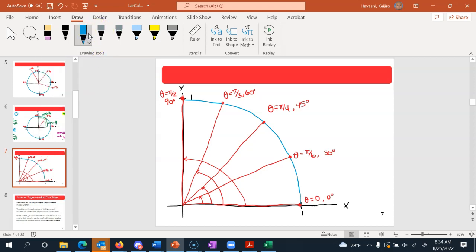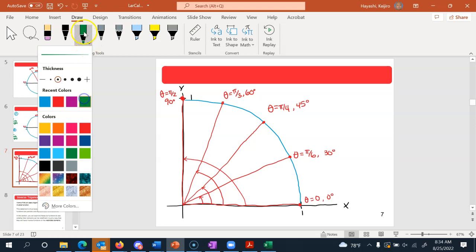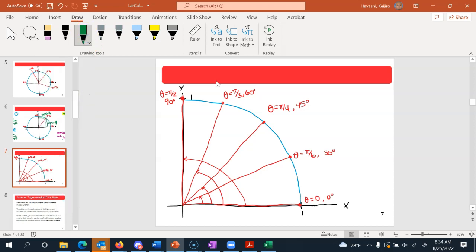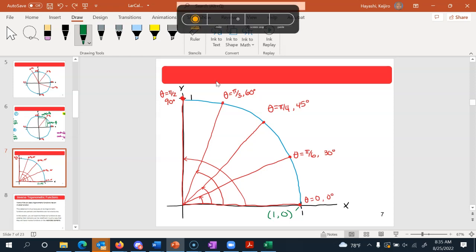Now the sines and the cosines associated with each of these points are just the x and the y's of these points that are on the unit circle. I'll do that in green. Well, clearly this is the point 1, 0. You can see that it's 1 on the x-axis and that it's got 0 for its y value. You know that ordered pairs go x, y.